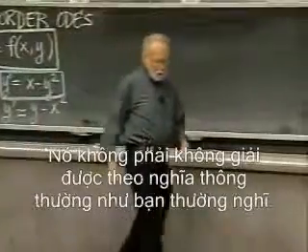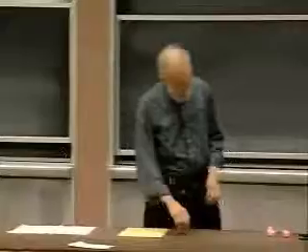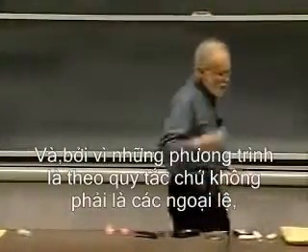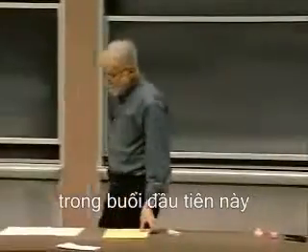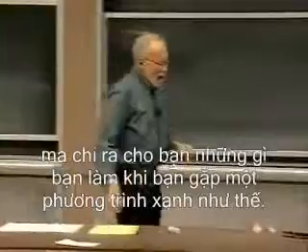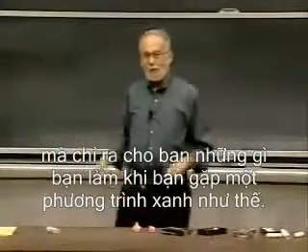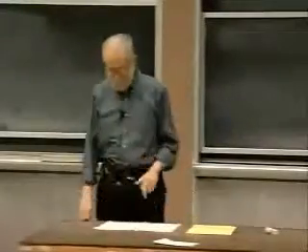It's not solvable in the ordinary sense in which you think of an equation as solvable. And since those equations are the rule rather than the exception, I'm going to devote this first day to not solving a single differential equation, but indicating to you what you do when you meet a blue equation like that. What do you do with it?